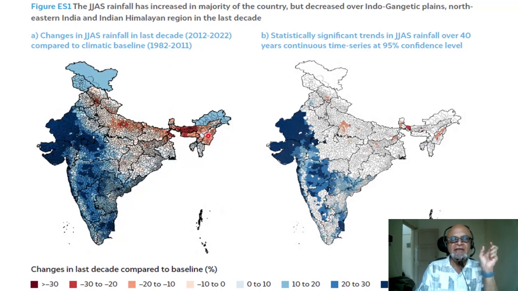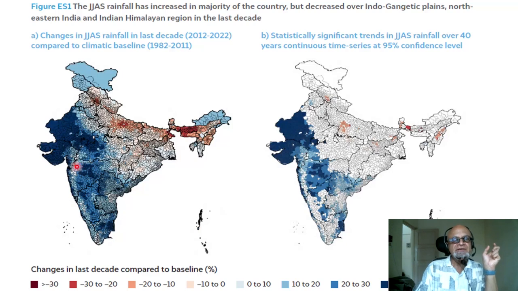So you have negative changes here, Himalayan foothills, northeast, and you have to be careful because India doesn't have data over Pakistan, Nepal, Bhutan, Bangladesh, so this can be kind of confusing, and we focus very much on the data we have, of course.